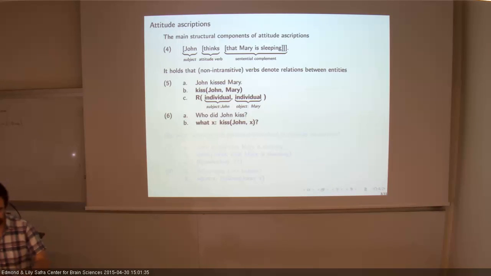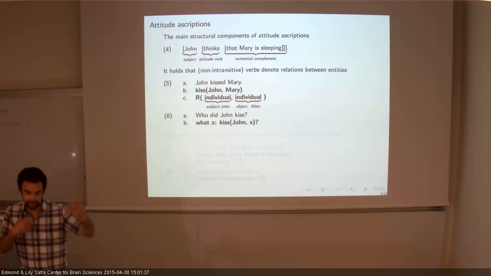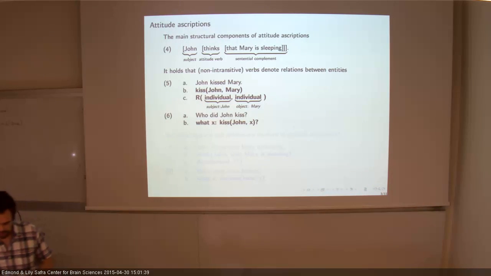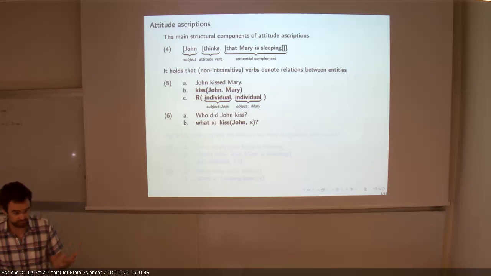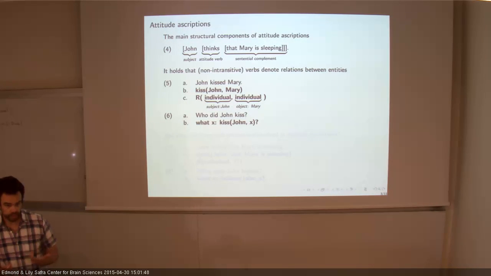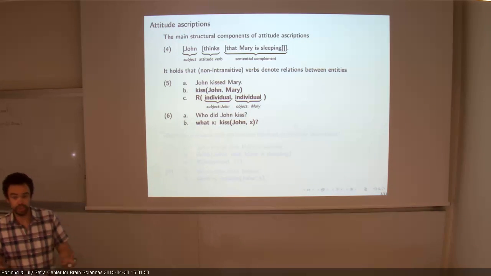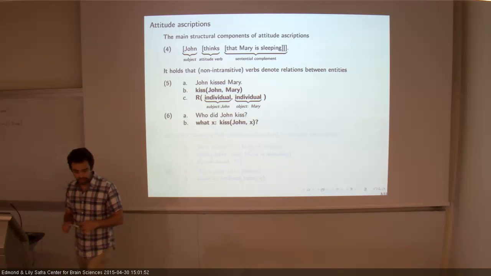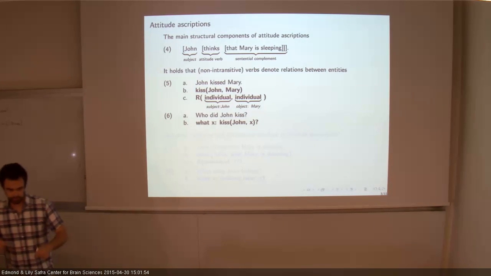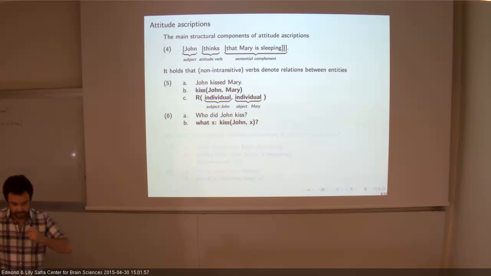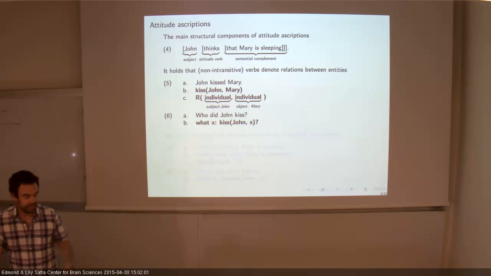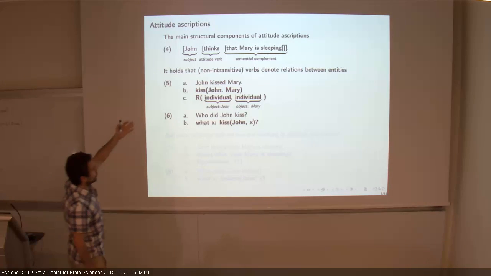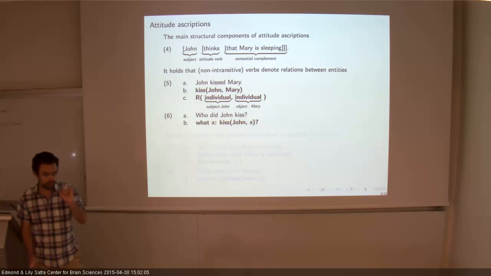Instead of me describing the various properties that an action needs to satisfy to qualify as kissing, I can simply present pairs of individuals that stand in this relation. Just like with the relation of addition, right? It's enough to present triples of various objects, such that the first object, when you add the second object to it, you get the third object. In this case, we can present the notion of kissing as simply a relation of individuals that stand in this relation.